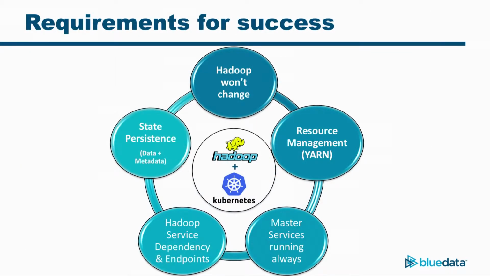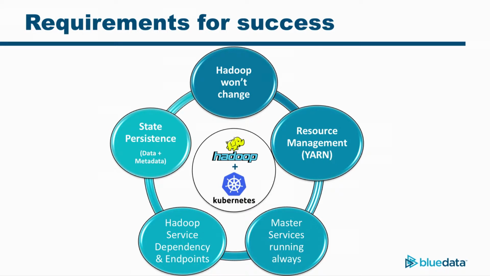So really, the requirements for success to make Hadoop run on Kubernetes are as follows. Hadoop won't change. It could change if Hortonworks and the community decided it's time to rewrite Hadoop as a complete microservice-oriented architecture, but that's not happening anytime soon.